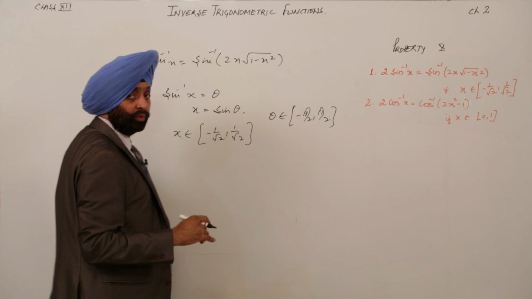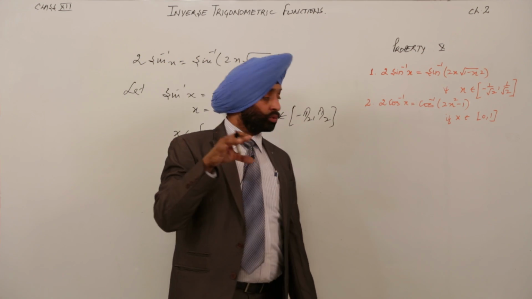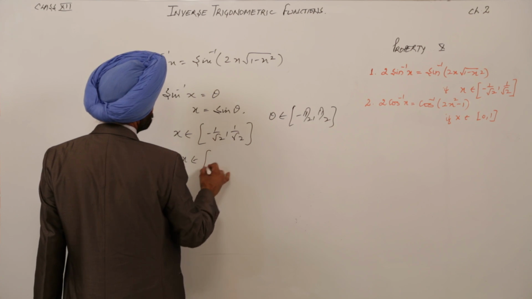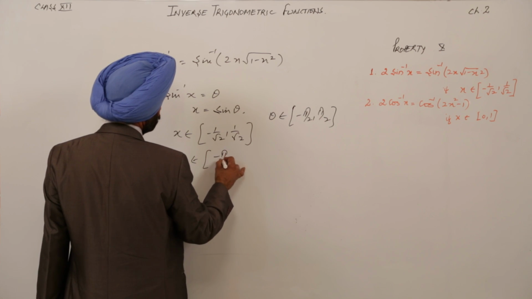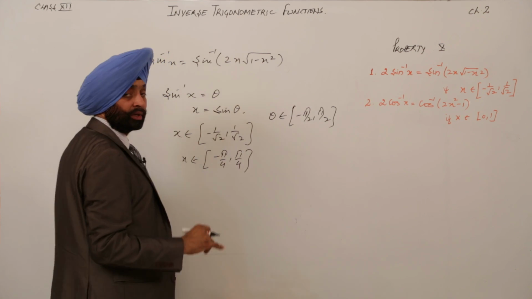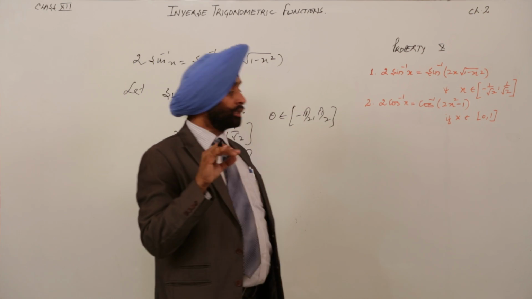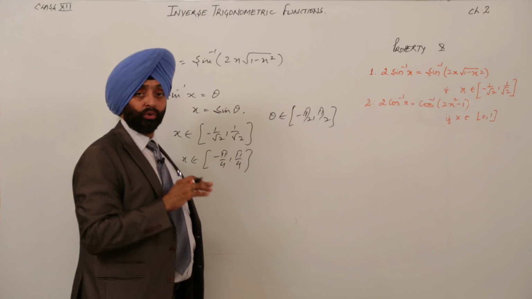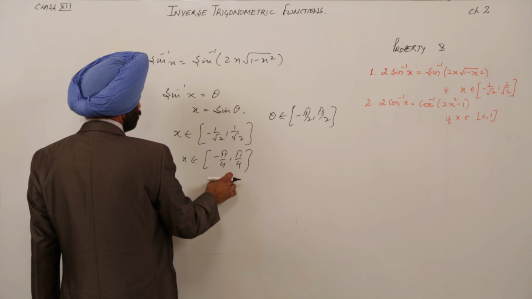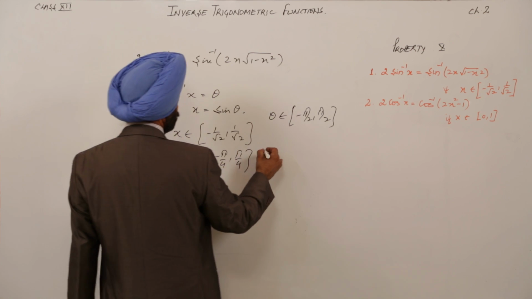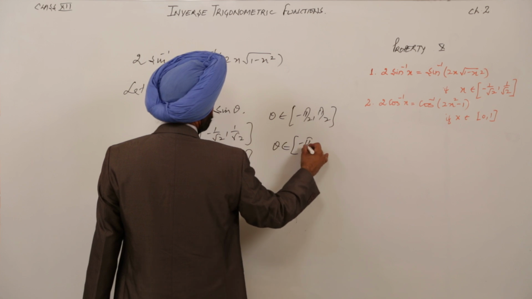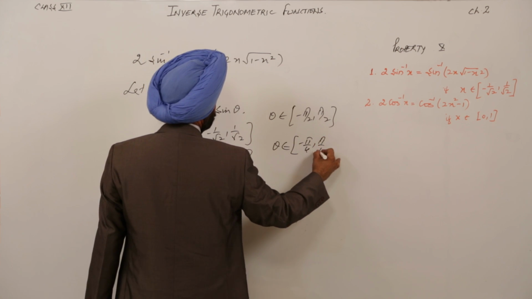And sine of 1 by root 2 means x belongs to minus pi by 4 to pi by 4. If you remember, the value of sine 45 and cos 45 are both 1 upon root 2. So that's why I have mentioned here 1 upon root 2 and 1 upon root 2. So we can now write that theta belongs to minus pi by 4 comma pi by 4.